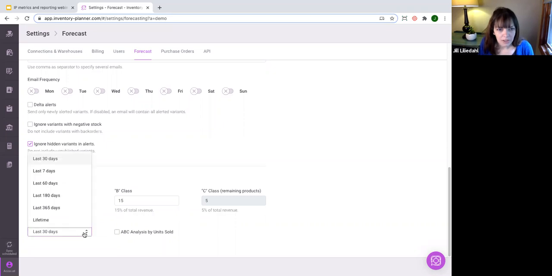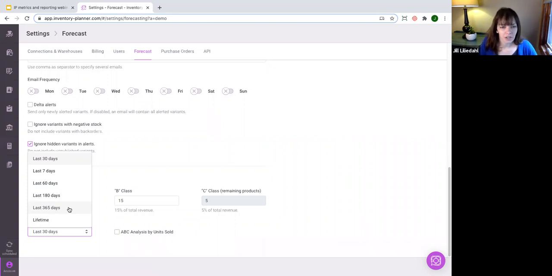By default, we're looking at the last 30 days. This can be good if you are looking at non-seasonal selling, but if you have a seasonal business, you should probably move this over to the last 365 days, because if you have great performers that really take off in the fourth quarter, if we're looking at the last 30 days, obviously we're missing that.